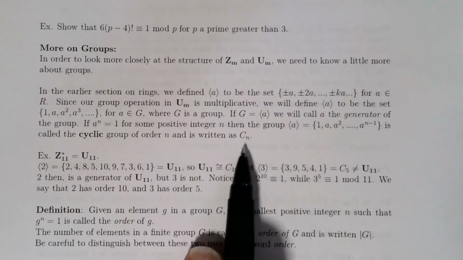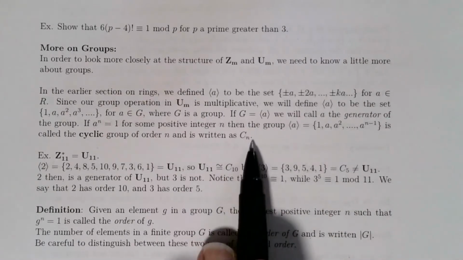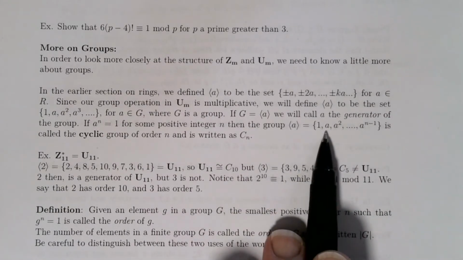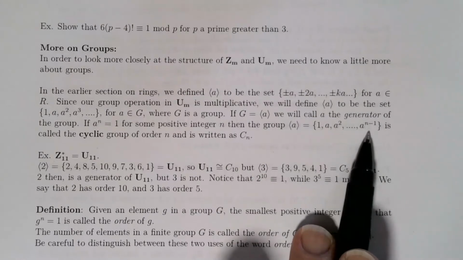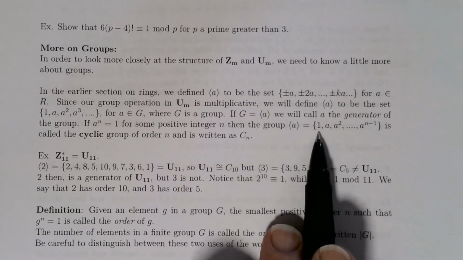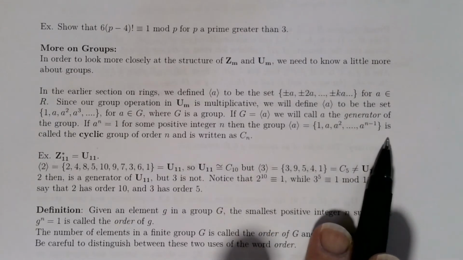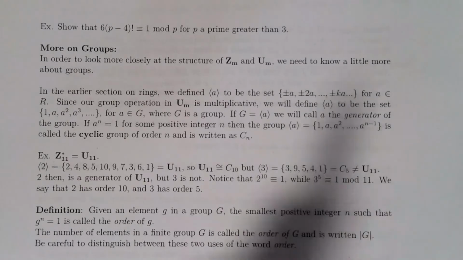So C sub n simply consists of all the powers of a up to a to the n minus 1. One can also have the infinite cyclic group. If we take the limit as n goes to infinity, then the cyclic group C infinity simply consists of 1, a, a squared, and so on forever. But for us, we're only going to be considering finite groups.